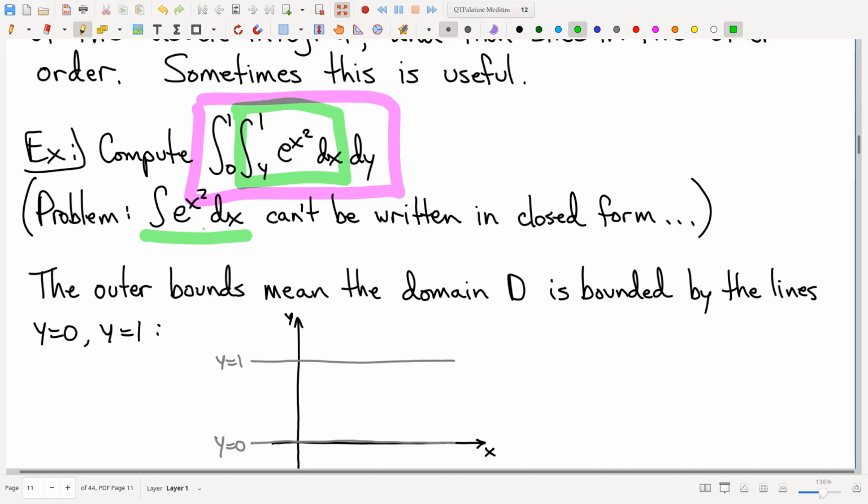There is no closed form, no power series. In other words, there is no closed form antiderivative that you can write down. So that's why we felt the need to try something else. This is dead in the water, can't do it, right? We just can't compute this at all.